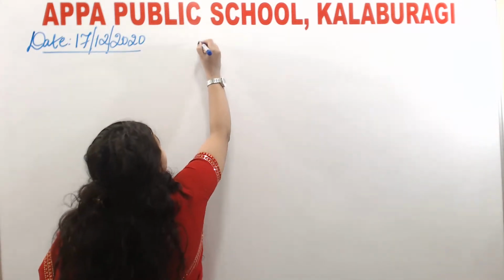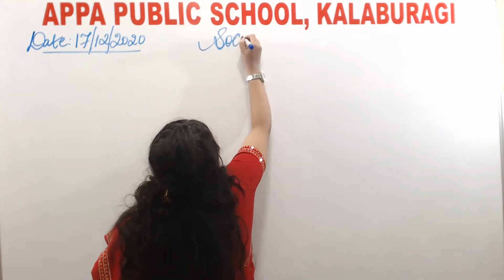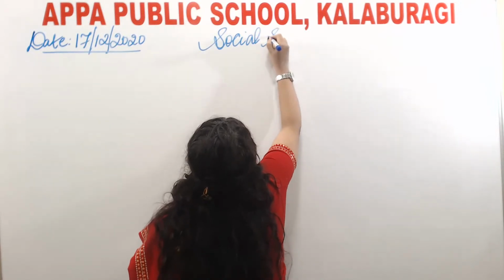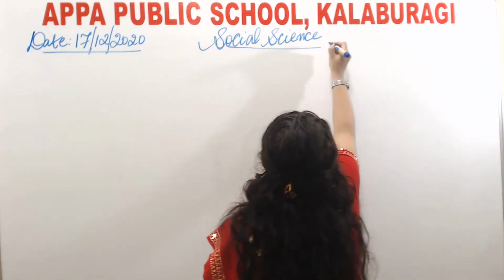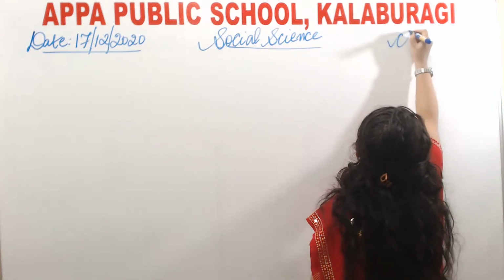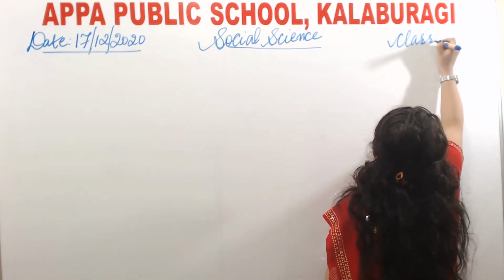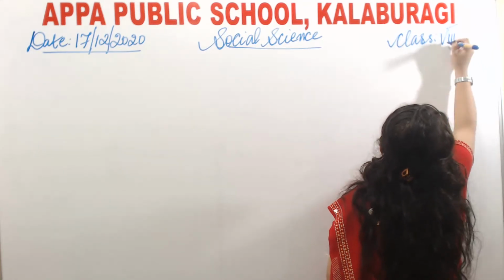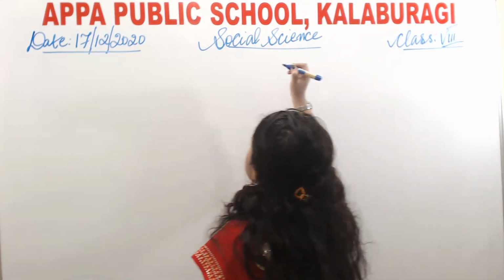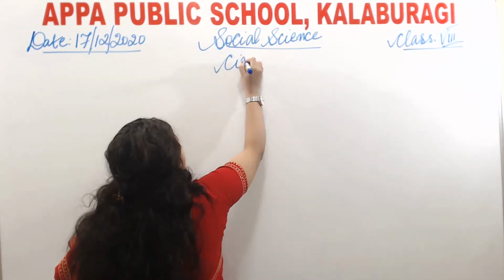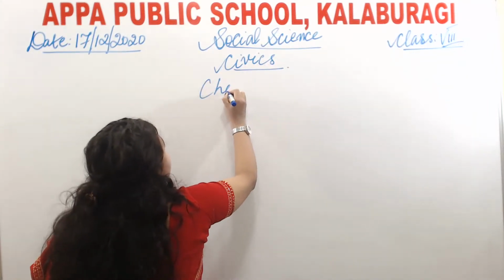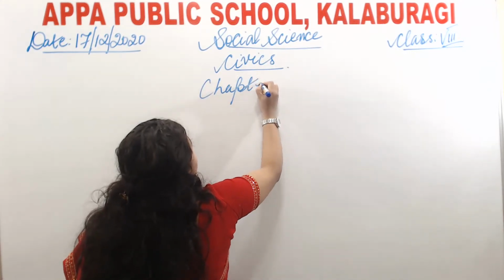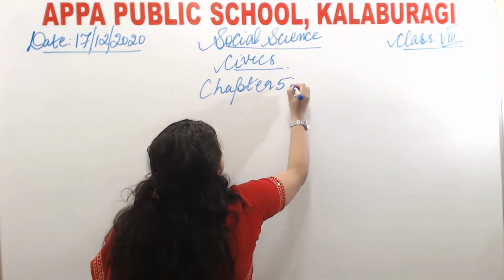Social science class, Class 8. Yes, we started civics chapter 5, judiciary.